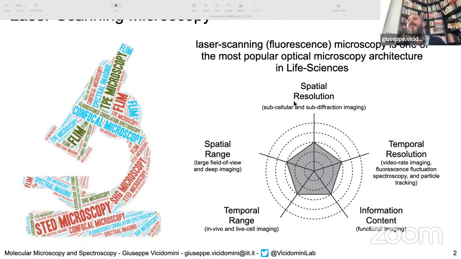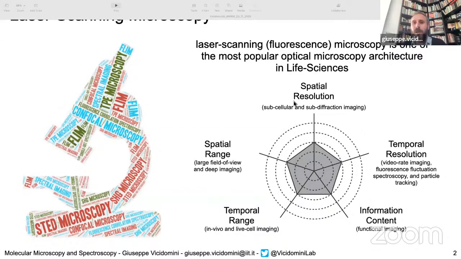So anyway, thanks to the combination of these techniques, fluorescent laser scanning microscopy gives you a unique combination of tunability and performance, in the spatial and temporal characteristics of your microscope.